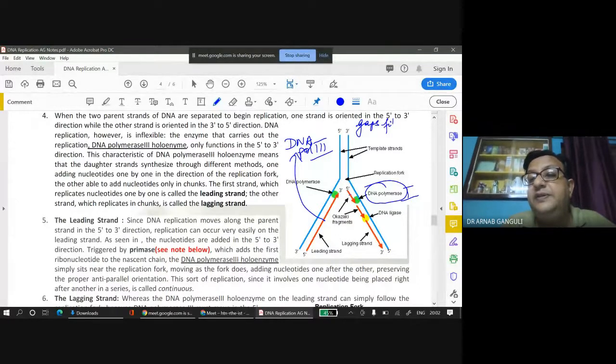Gap filled by polymerase 1. End-fill করছে, এই ছোট ছোট গ্যাপ গুলো ফিল করছে. And then they are joined by the enzyme DNA ligase.